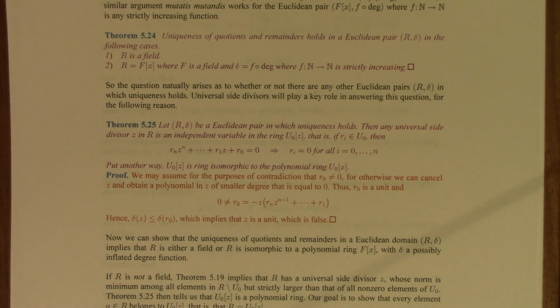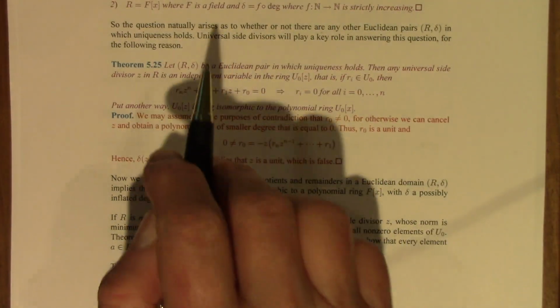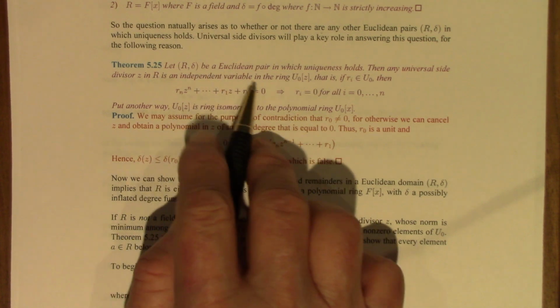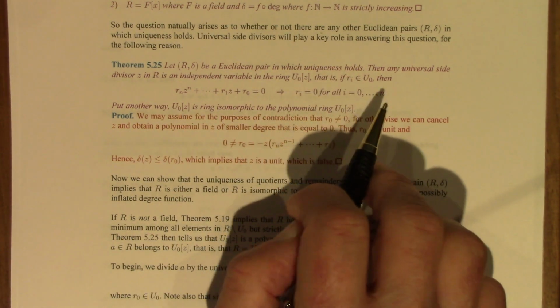So the question naturally arises as to whether there are any other Euclidean pairs for which uniqueness holds. And universal side divisors will be the key to giving us an answer to that question. And here is the reason. Let R, delta be a Euclidean pair in which uniqueness holds.